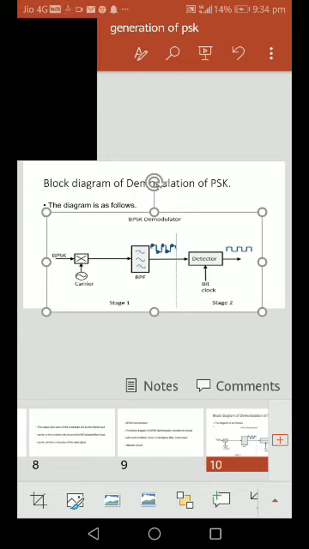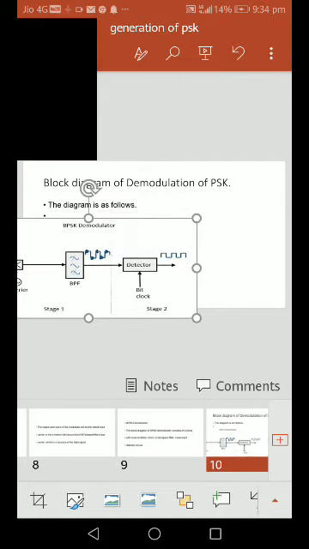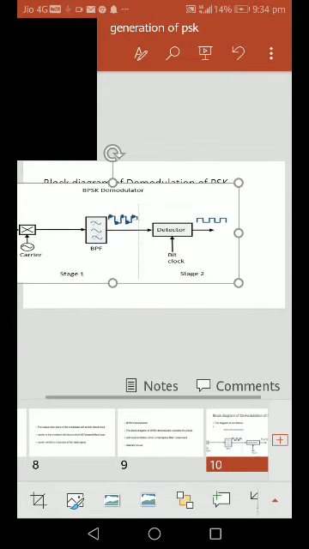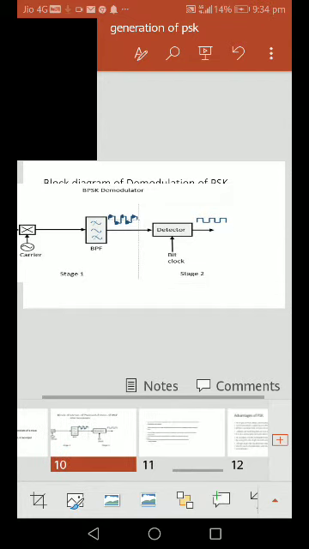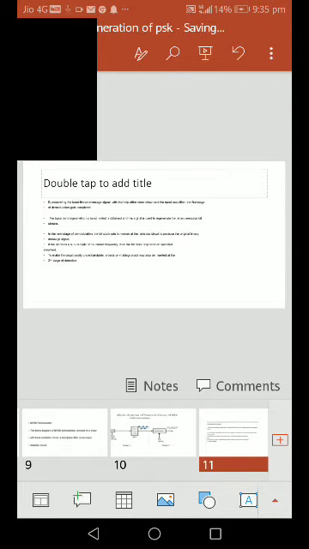In the first stage, the signal is band pass filtered. After the detector, the bit clock is used. The clock is synchronized to detect the whole information, and in the second stage we get the binary data.